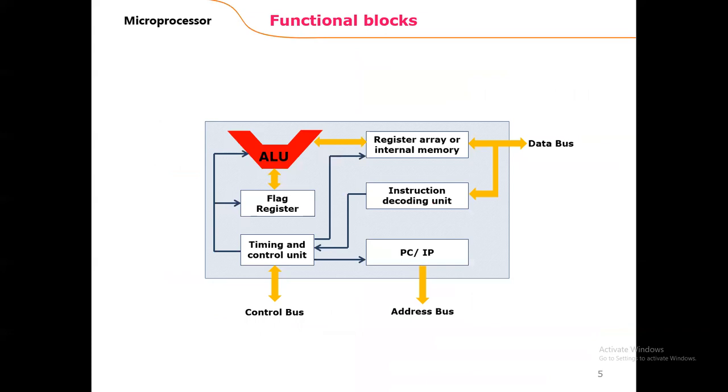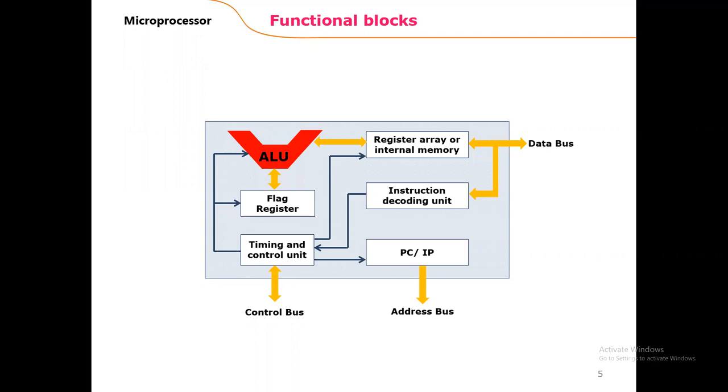So here we have how it works, or what is inside the 8086 microprocessor. It has a functional block. And the main functions the Intel 8086 microprocessor does are three: data bus, address bus, and control bus.